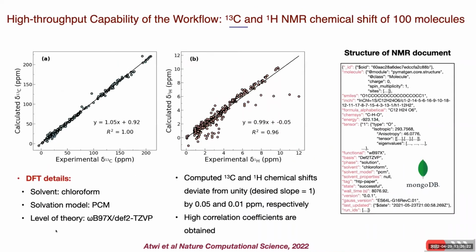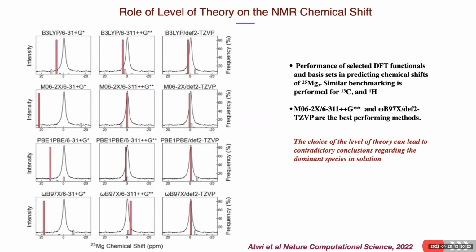So Nidhi, could you comment on how transferable is this in the end? I mean, you're obviously focusing on a specific chemical shift. But the environments, they're quite transferable. Yes. So these are the high levels of theory that we are using, and they of course require a little more computational cost compared to a lower level of theory like B3LYP 6-31+G*.